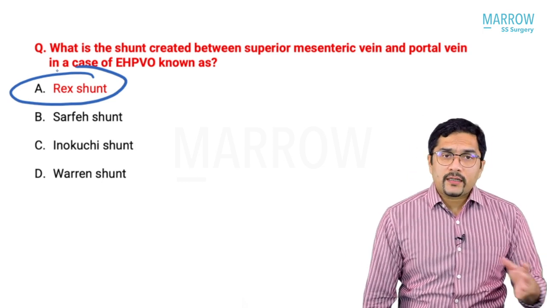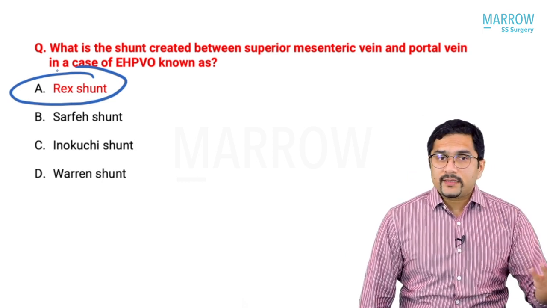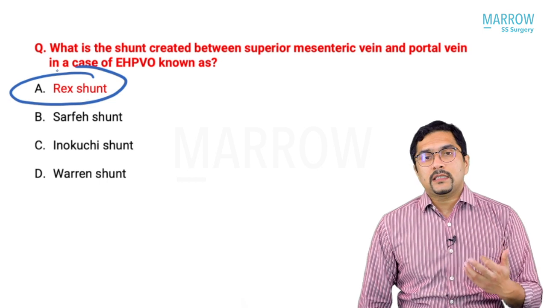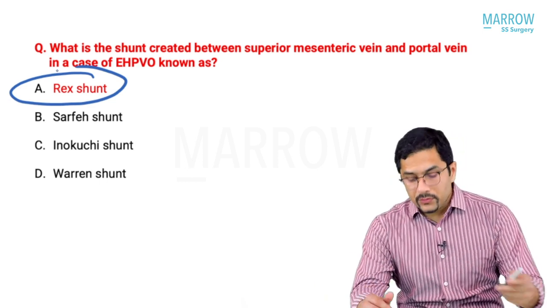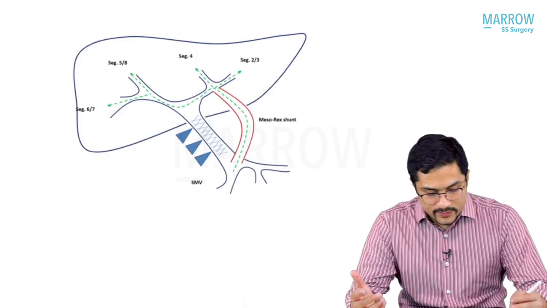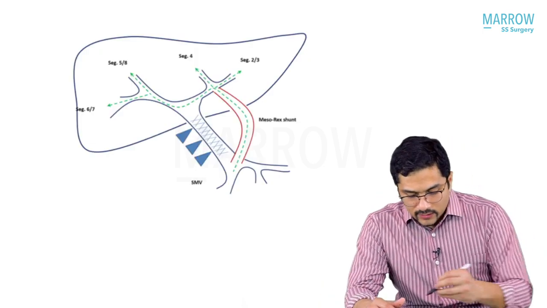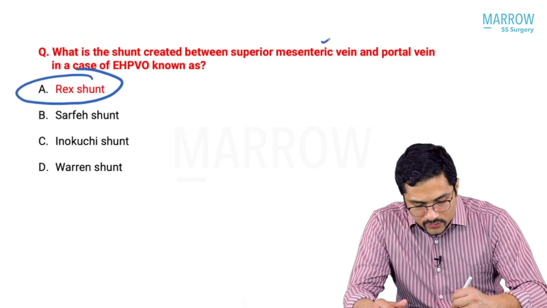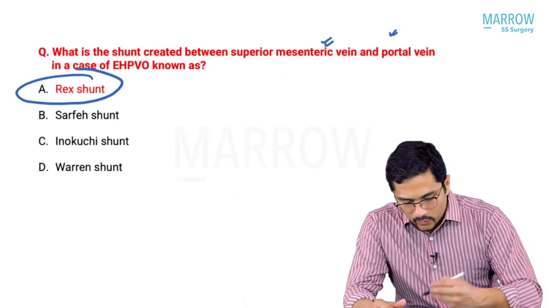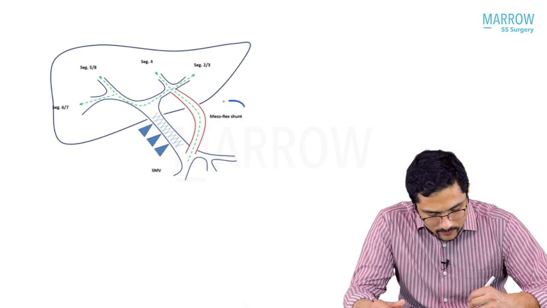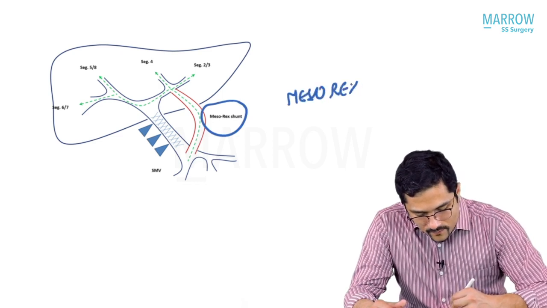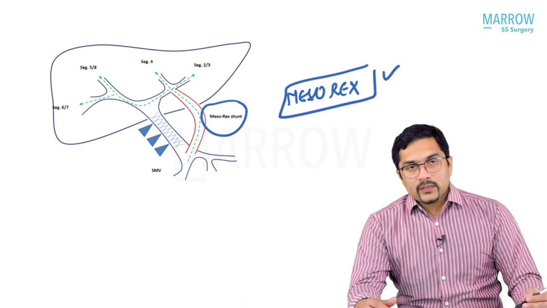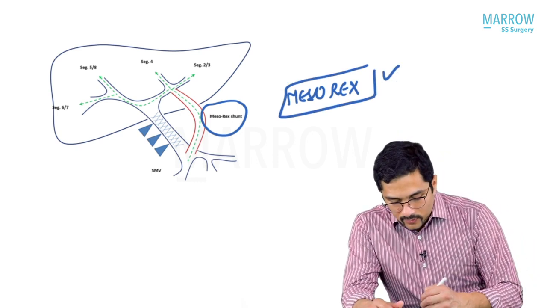Again, I told you that one of the variceal causes and one non-variceal question is usually there in the exam. So, this was the one which was related to variceal causes. So, this is the Rex shunt. Rex shunt, I just told you, is between the superior mesenteric vein and the portal vein. You can see here, this is the meso-Rex shunt between the superior mesenteric and the portal vein.